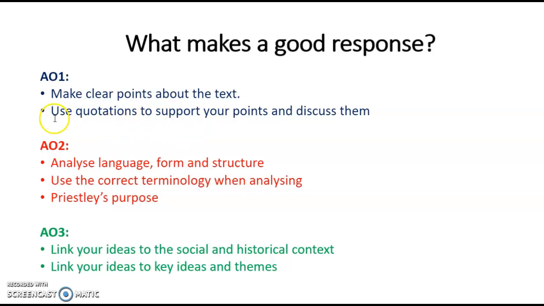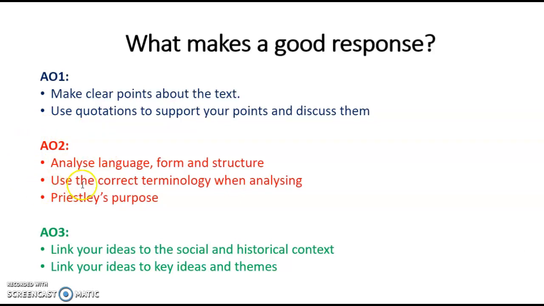Then you support your point with quotations and moments from the text, key moments and quotations that you will need to remember as you're revising. The second assessment objective is, now you've got your quotation or your moment, you need to analyse it.